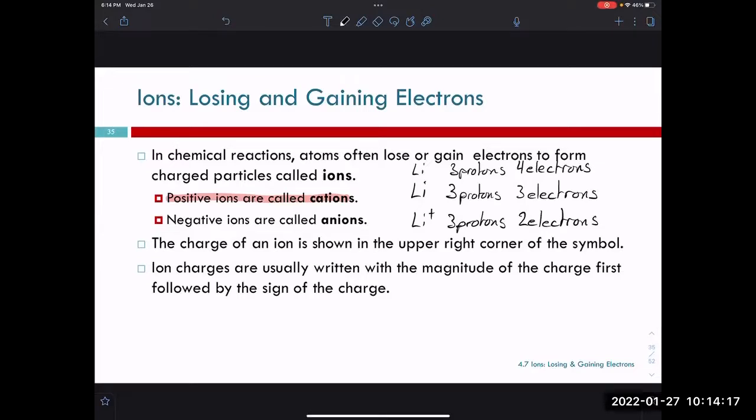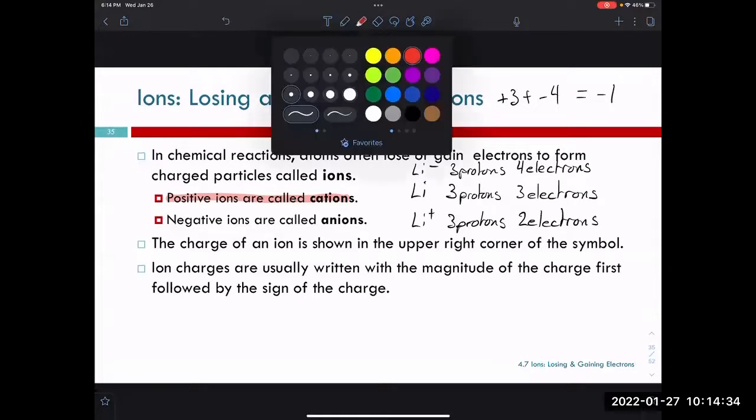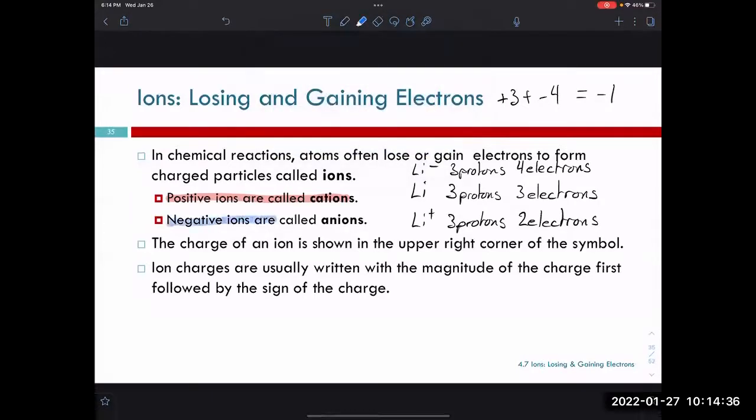Overall charge. It would be 3 positive charges, so +3, plus -4, -1. So lithium with 3 protons, 4 electrons would be an anion, and have a negative charge.